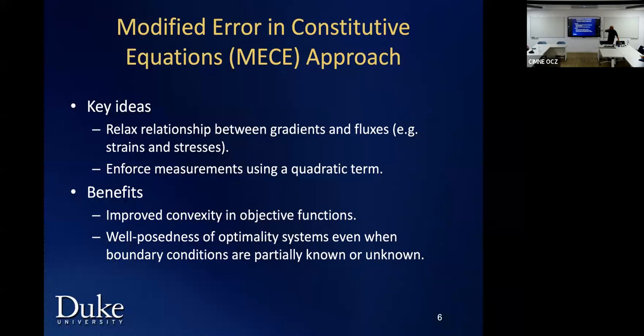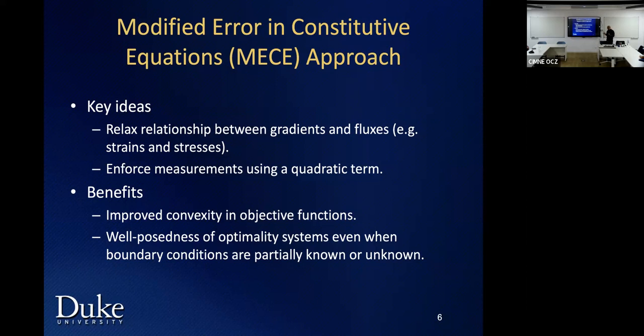So key ideas. What we're going to do in these methods, instead of postulating the misfit between data and models just using displacements, we're going to relax things. We are going to relax the constitutive equations and treat stresses and strains as independent fields from displacement. Okay? Similar to what happens in mixed methods.